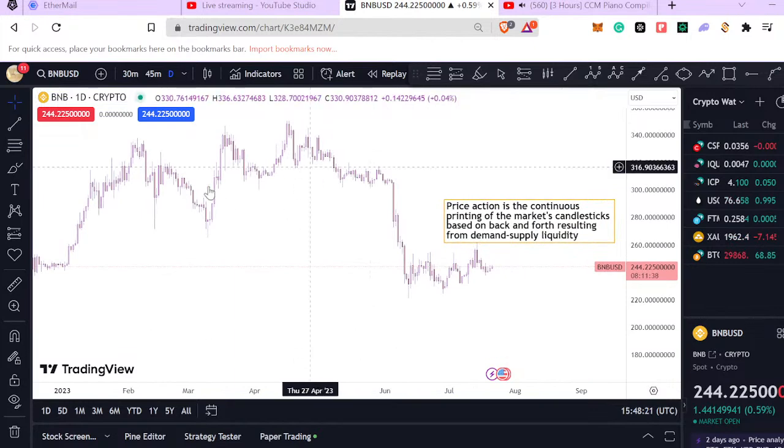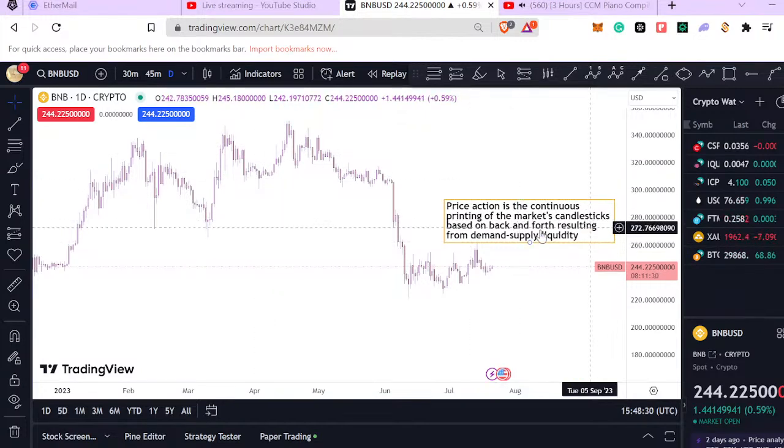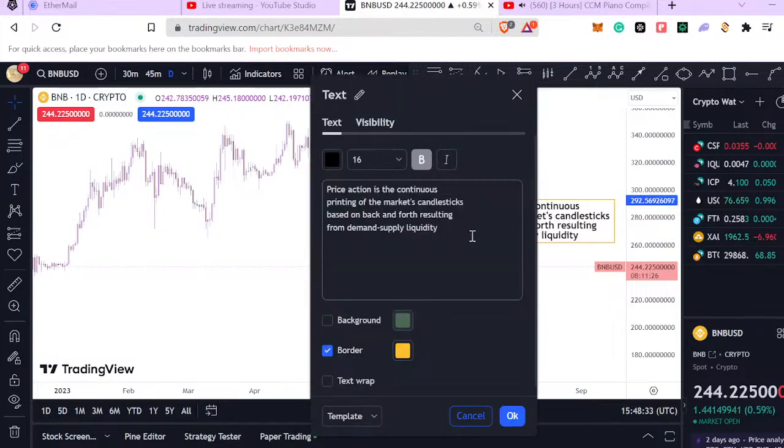All the back and forth in this chart is a product of price action. It is the continuous back and forth, or let me say ups and downs, based on back and forth.